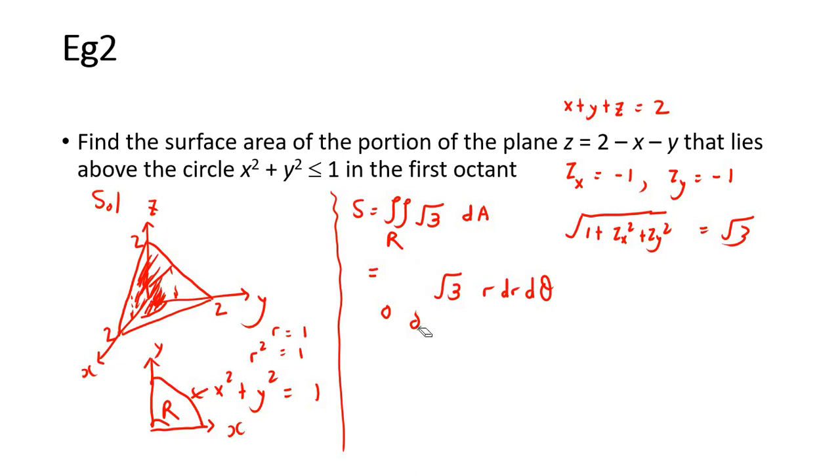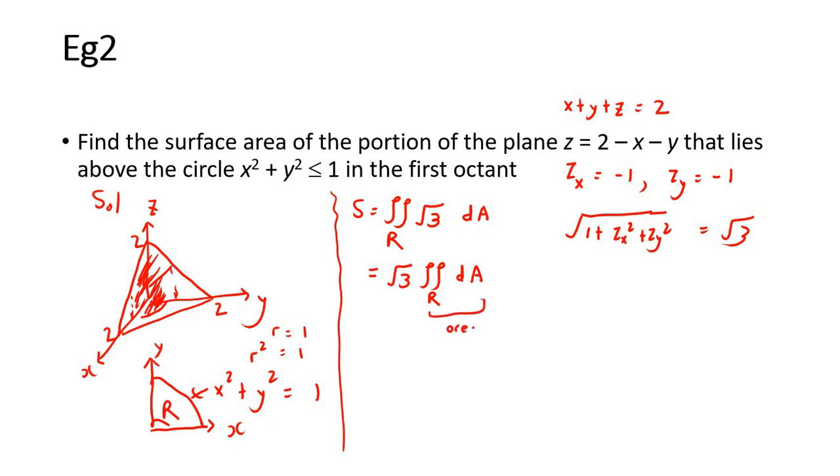Same as example 1, I can skip evaluating the double integral using polar coordinates. So I factor out square root of 3 here.